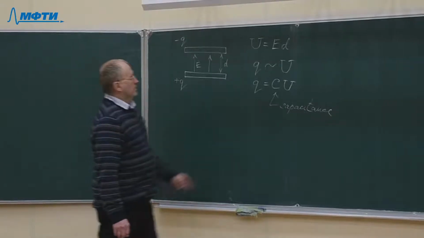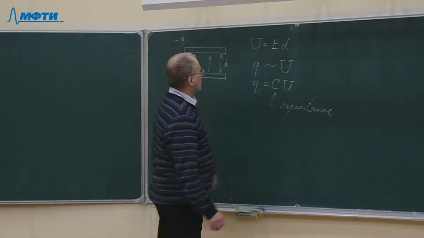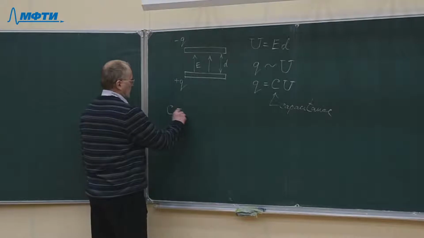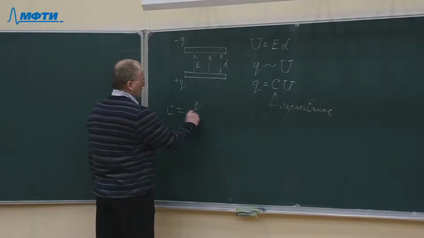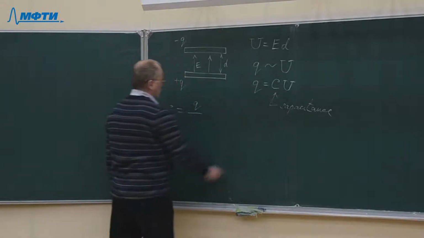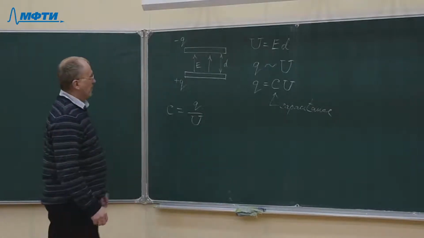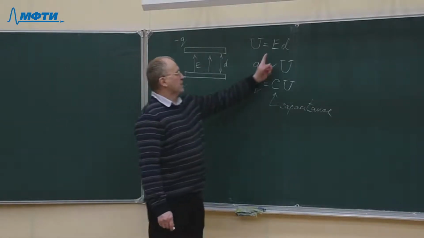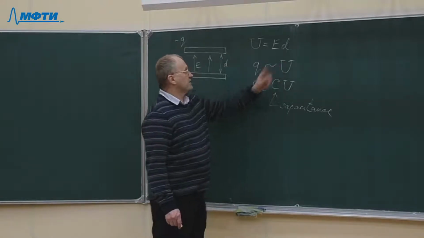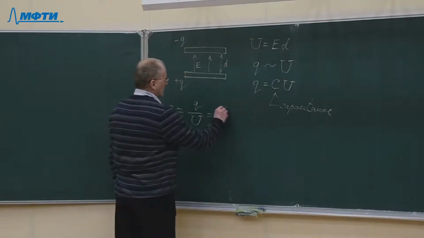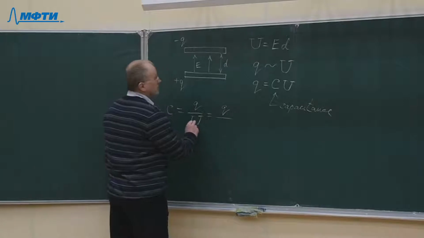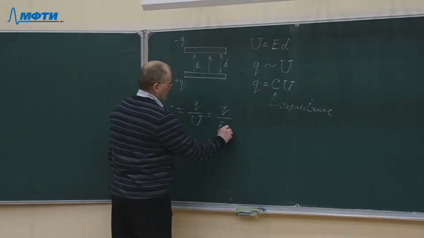So the capacitance can be written as the charge of the capacitor divided by the potential difference. And the potential difference is just the field strength times the distance between the plates. So we can put it here, field strength times distance.